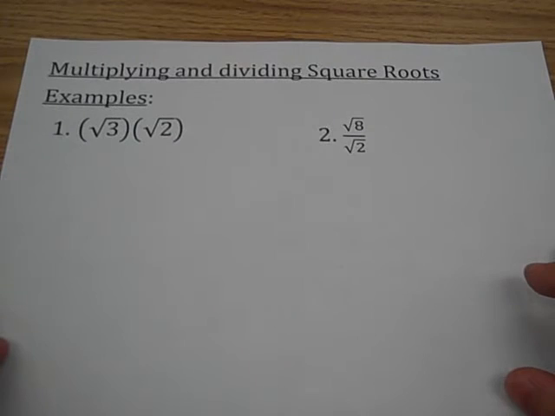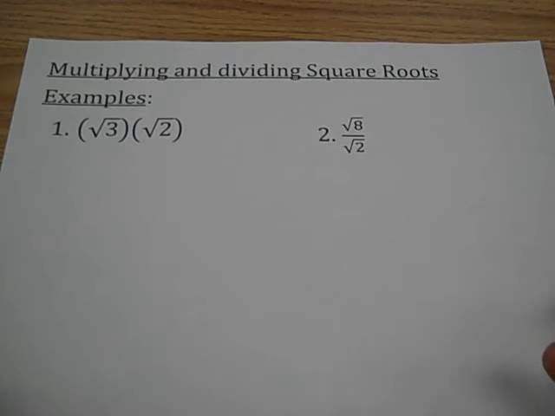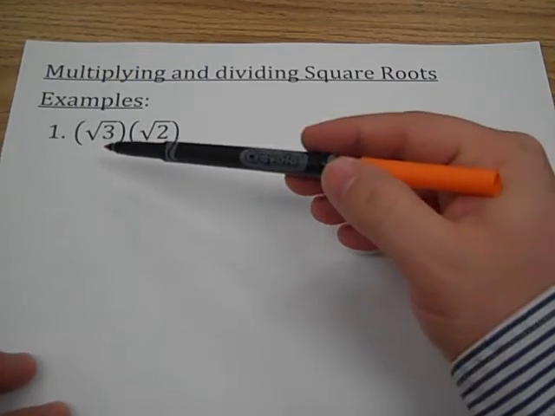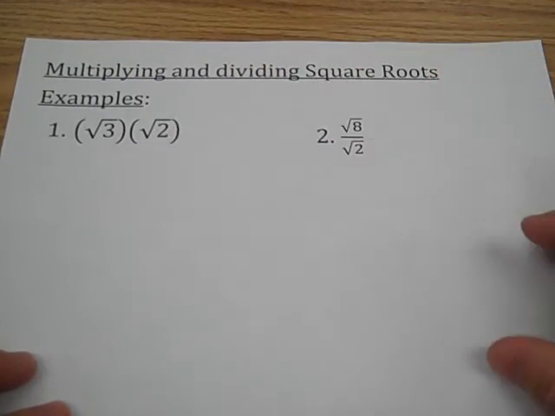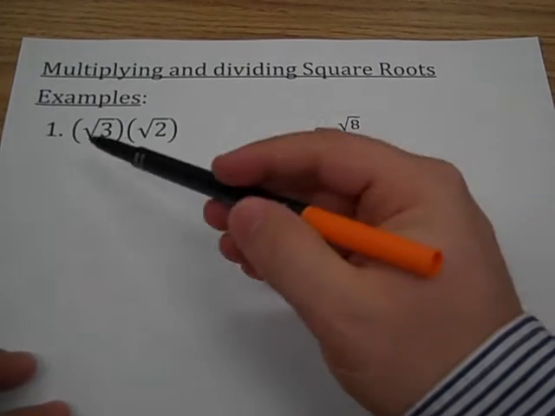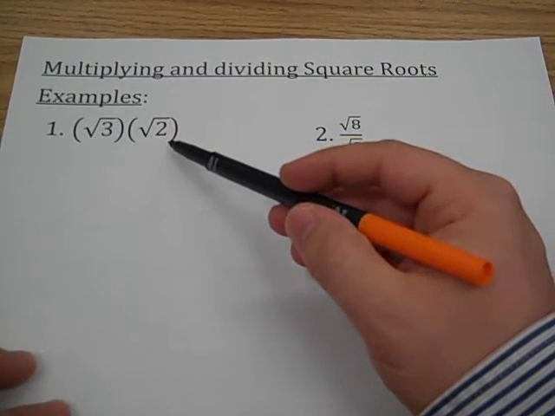First thing we need to recall from previous math classes is how we can handle multiplying and dividing things that are underneath square root symbols. So here I have two square roots. They're not the same, and these two parentheses next to each other imply that we're going to multiply square root of 3, square root of 2.